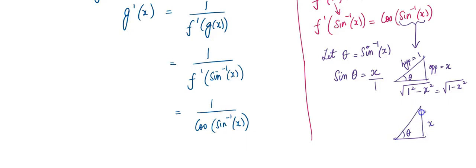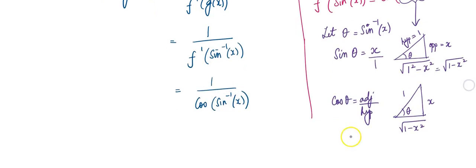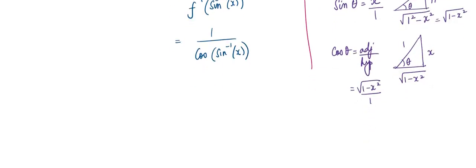So this is x, 1, and square root of 1 minus x squared. All right? So from this, what is cosine of theta? Cosine of theta is adjacent over hypotenuse, which is square root of 1 minus x squared over 1, which is basically square root of 1 minus x squared.